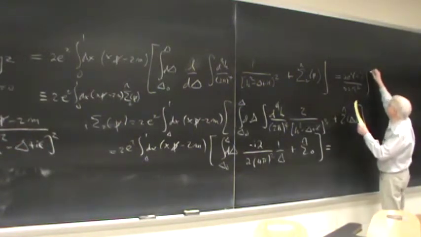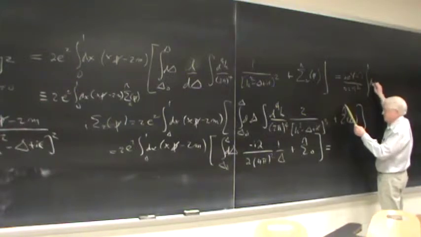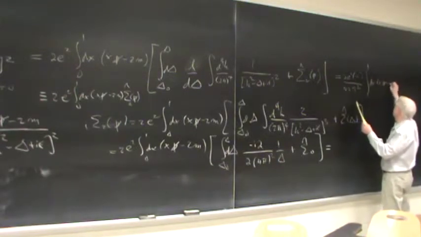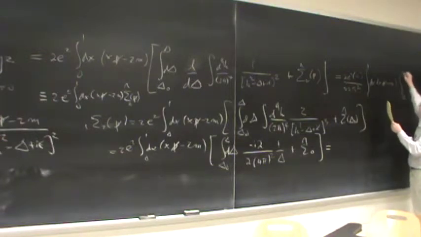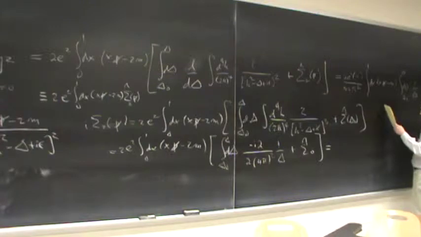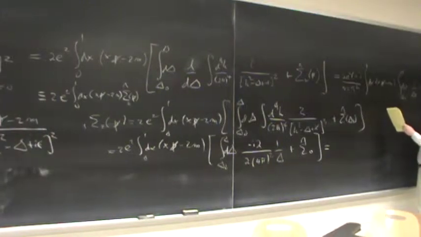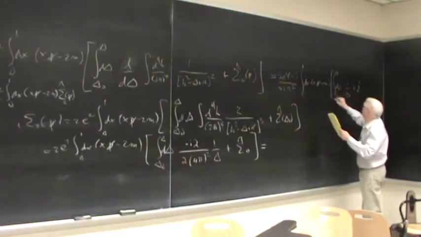Favorite number in quantum field theory. 0 to 1 dx x p-slash minus m integral delta 0 to delta d delta 1 over delta plus, I'll just pull out sigma hat.